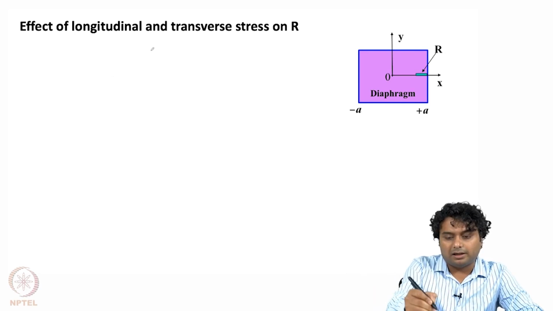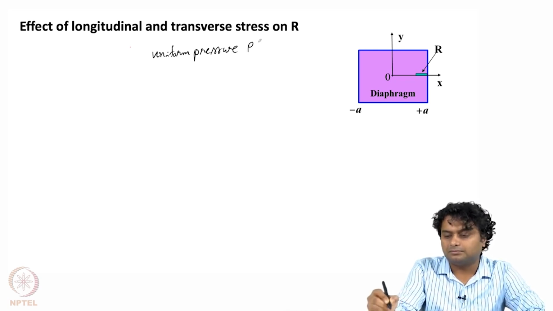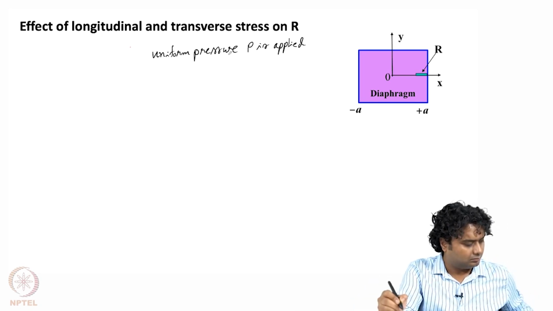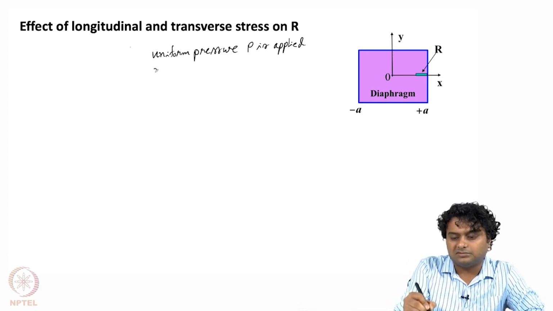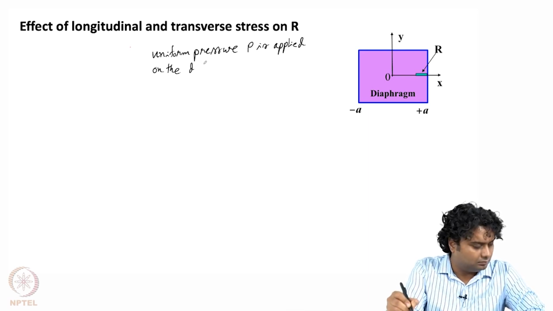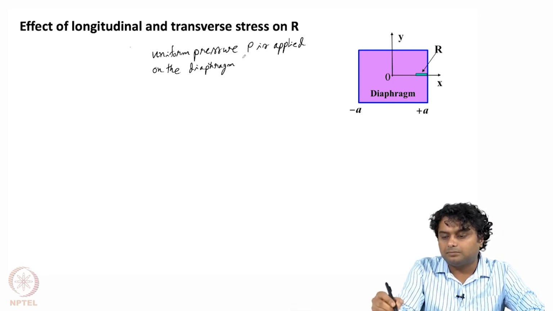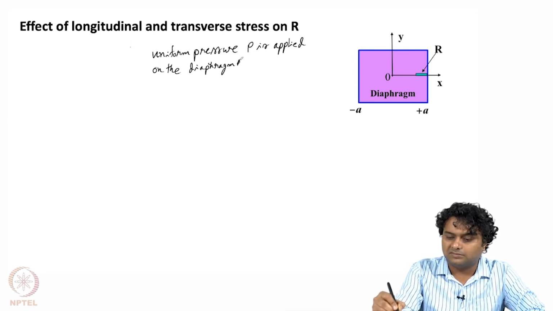Let us say this is the membrane and uniform pressure P is applied on the diaphragm, pointing normal to the paper.